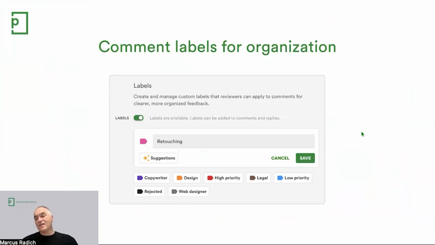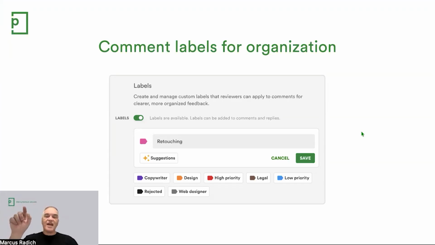Comment labels. So this is a PageProof Enterprise feature, and this lets you organize your comments by adding one or multiple labels to your comments. So the idea here is that we've got comments that have been placed, and we might have a whole lot of comments on a proof, and your proof owners can go through and say, this one should be for the copywriter.